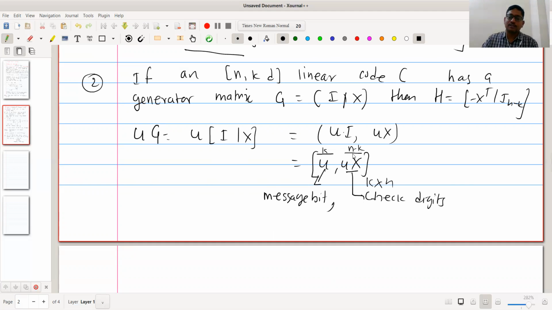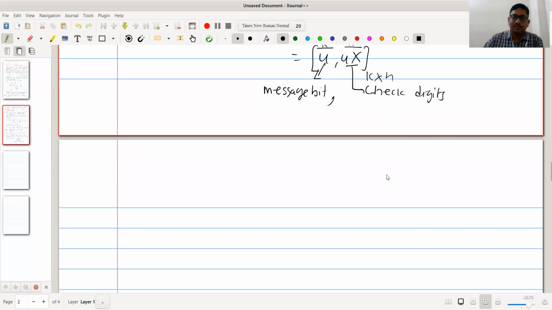So in some books it may be referred to as parity check digits also. The parity check bits represent redundancy added to the message. Why is redundancy added? To protect the message against the noise. The redundancy is added to certain messages, so you can call it redundancy bits also.